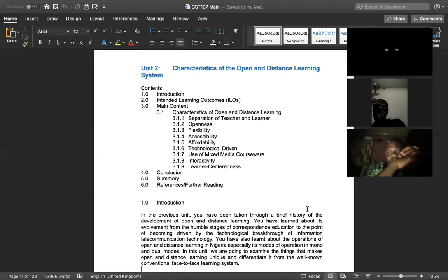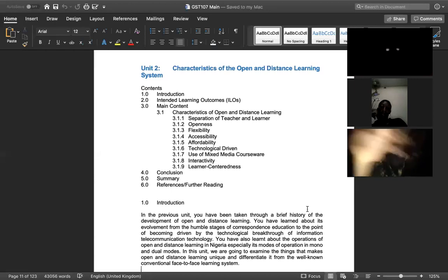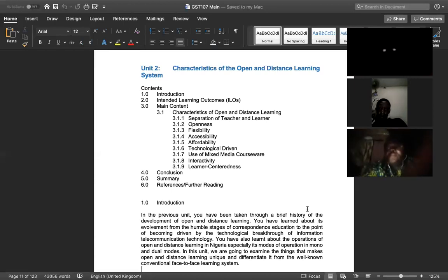Then we talk about openness. And when you go to the material later, you will discover that openness actually has 3 subdivisions. We have openness as to ideas, openness as to people, and openness as to place.